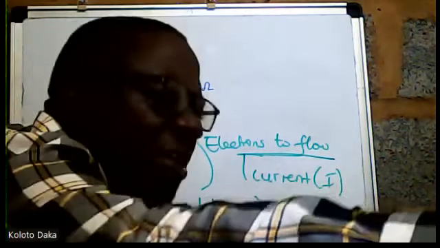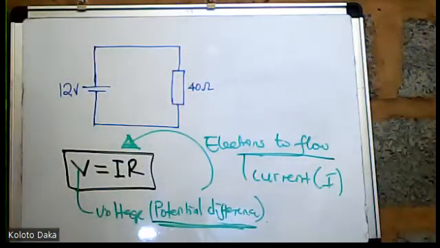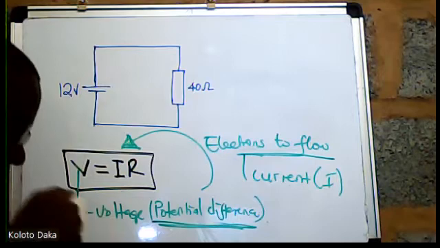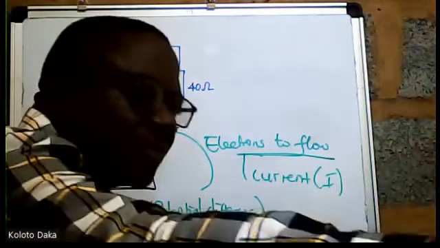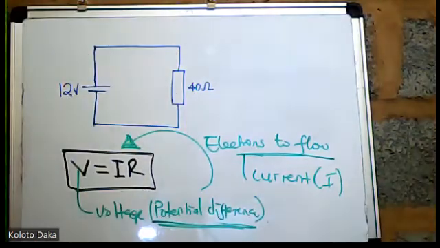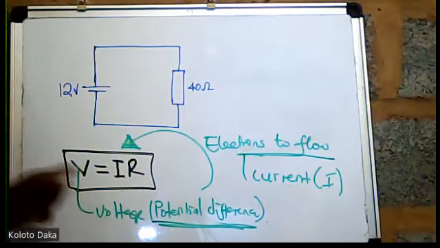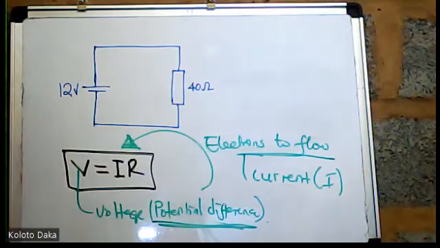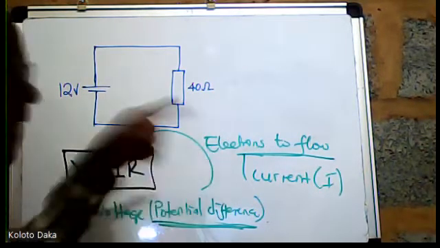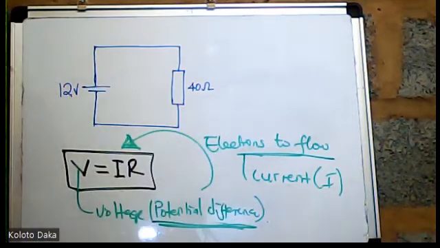That's the reason why you need to have a battery as a source of what? Voltage. A source of the potential difference. This voltage will cause the electrons to flow. And the flow of electrons is the animal we call current.